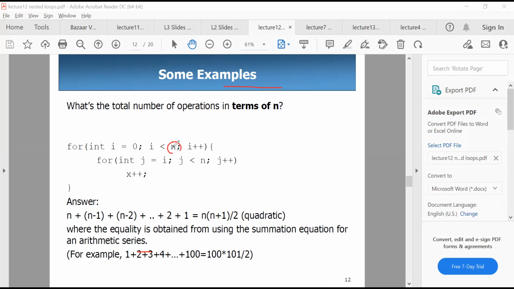Here we still have n, but be aware that j is equal to i, so it doesn't start from 0. Do you know what this will produce?